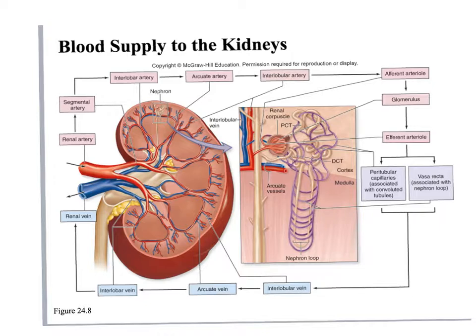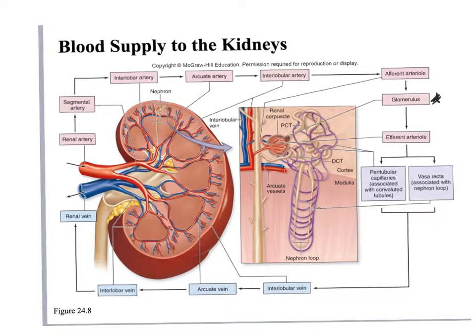Interlobular artery, and then it gets to a point where we are into the arterioles, and there are two distinct arterioles that are important. The afferent arteriole, okay, afferent means incoming, and it's incoming into this structure called the glomerulus right here.